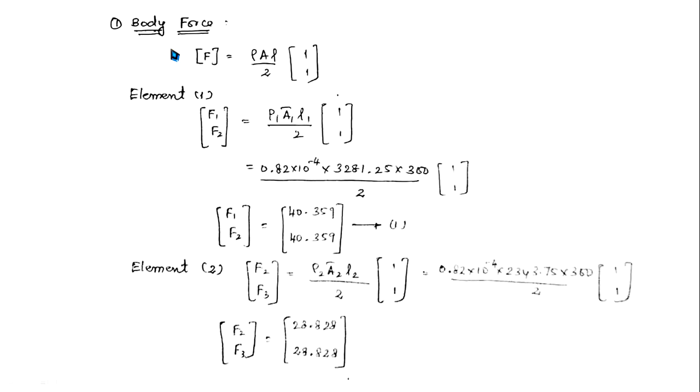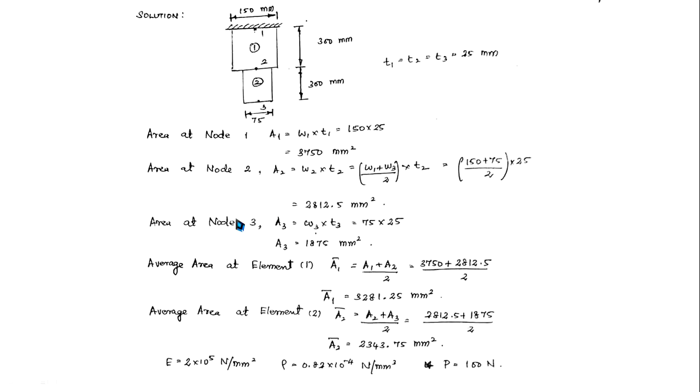Before starting the problem, it is very important that you convert all the units to a single unit system. Density is given, you just substitute, you will get the element body force for element 1, F1 and F2. As usual for element 1 you have node 1 and node 2, so you will have F1 and F2. So what about element 2?